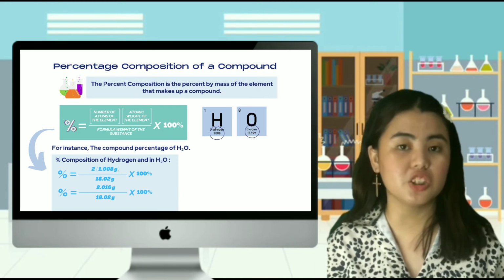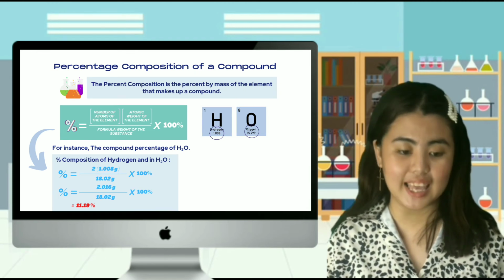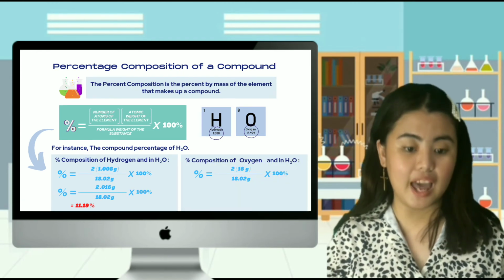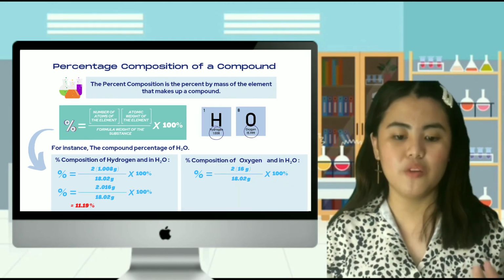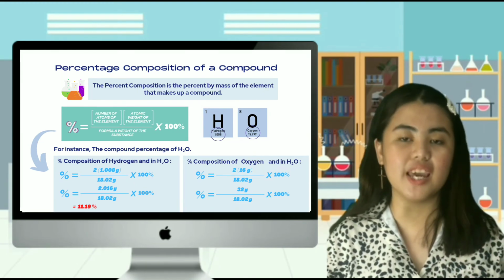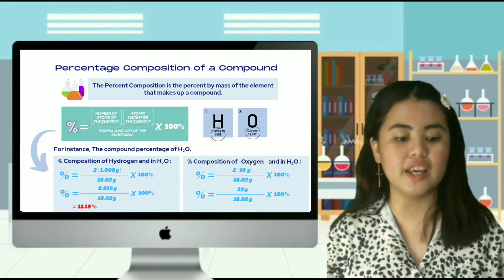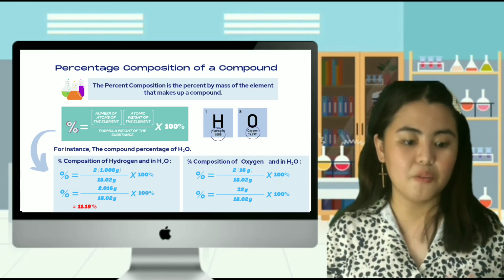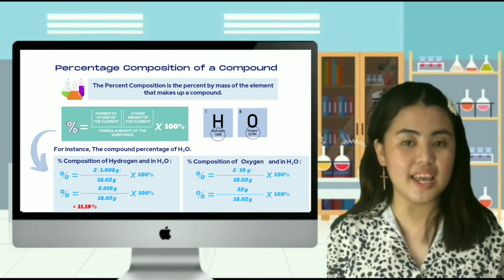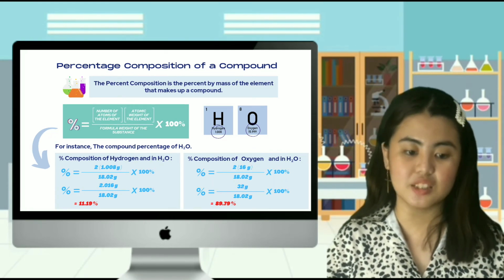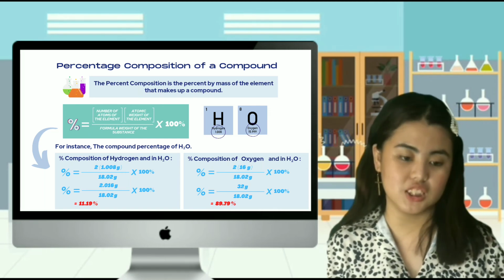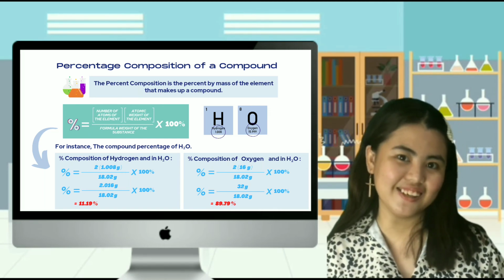We get a percentage of hydrogen of 11.19. To get the percentage of oxygen, we divide 16 grams by 18.02 and multiply the quotient by 100. We then get 88.79% as the percent composition of oxygen. So that's it. Thank you.